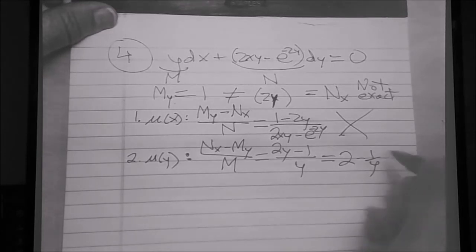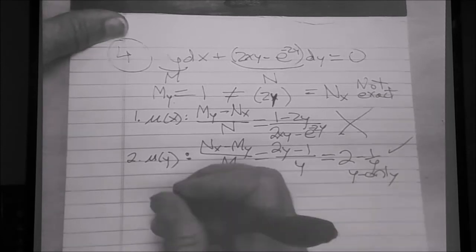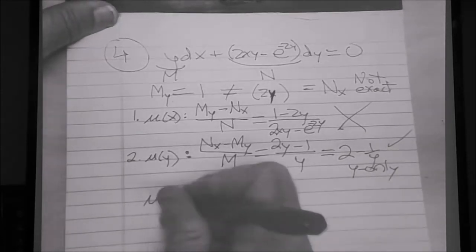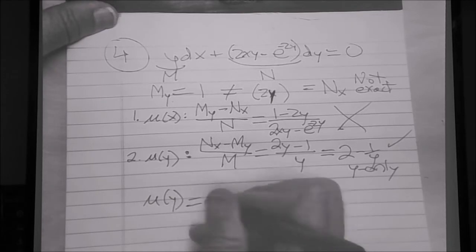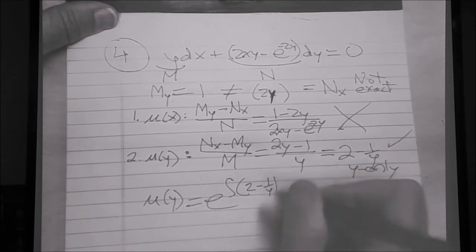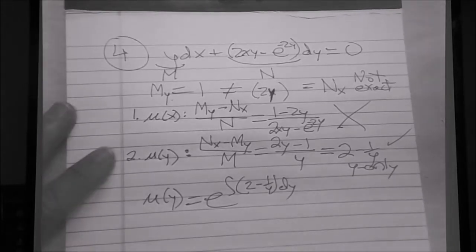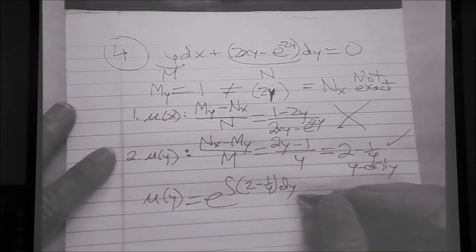Sure enough, it's a function of y only. If this expression is a function of y only, then there is an integrating factor, and it's e to the integral of this function, 2 minus 1 over y. Right? So that will be an integrating factor by our proof that we did before quickly in the previous video.